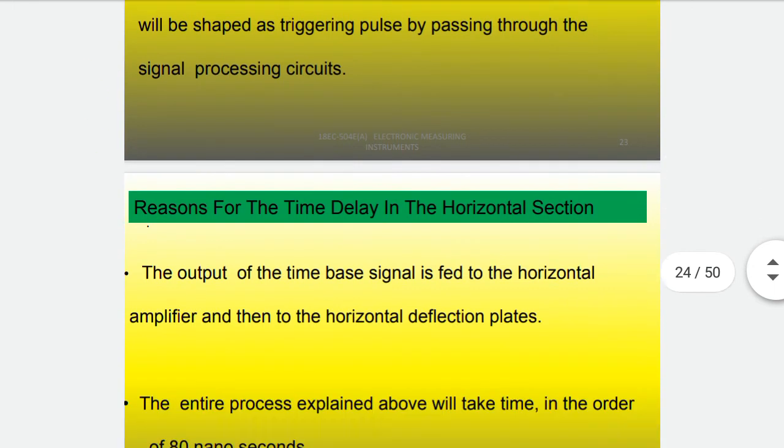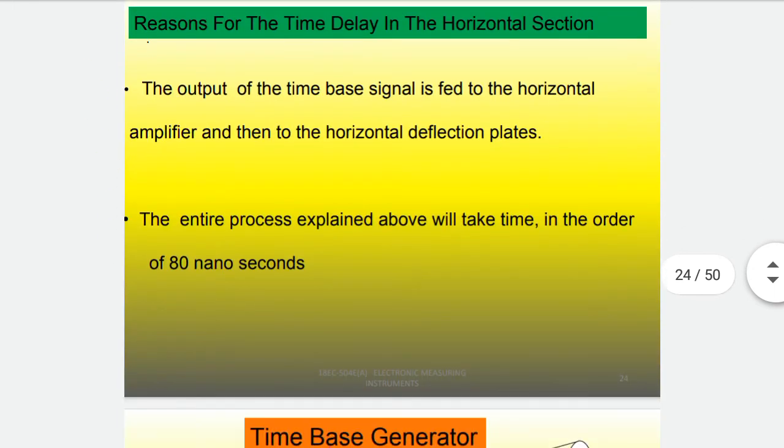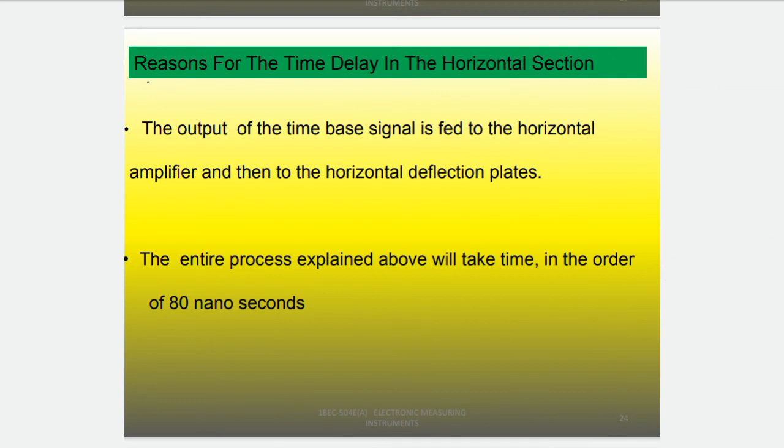The output of the time base signal is fed to the horizontal amplifier and then to the horizontal deflection plates. The entire process explained above takes time, in the order of 80 nanoseconds. Hence, the delay line provides some time delay.